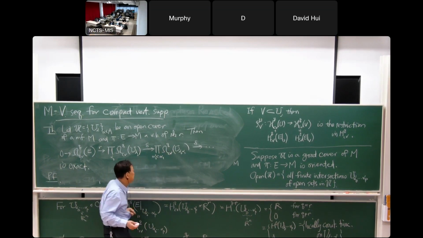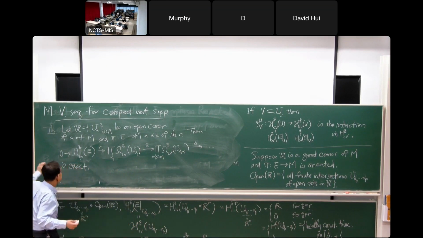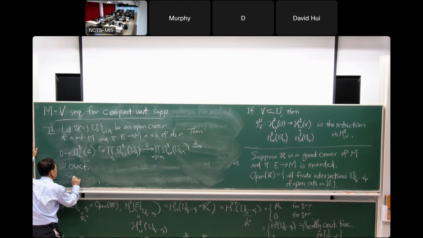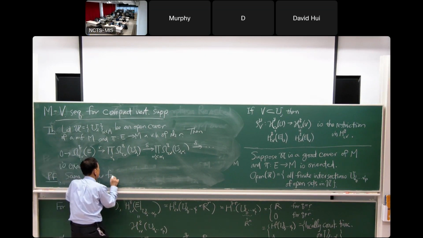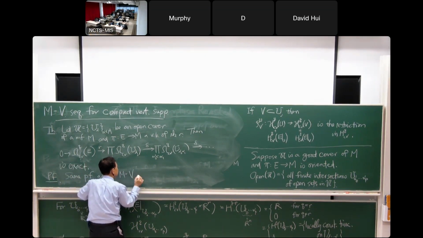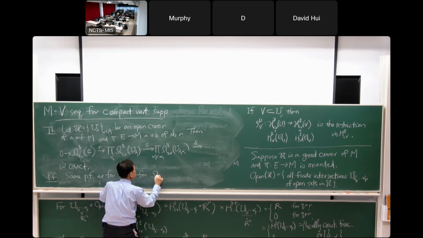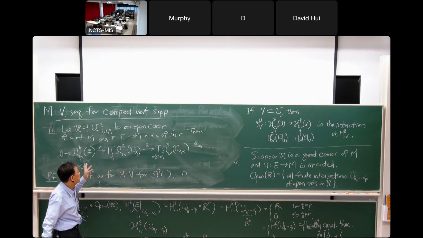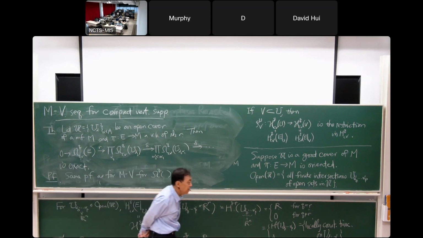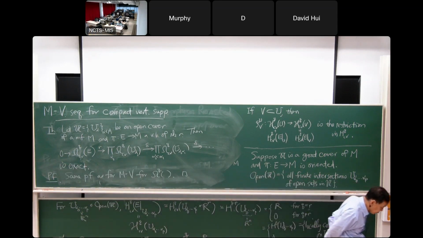So it's the same proof as for the Mayer-Vietoris sequence for just forms. Okay, exactly the same proof. All right, so we have this Mayer-Vietoris sequence with compact vertical support.